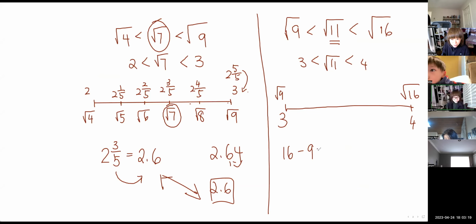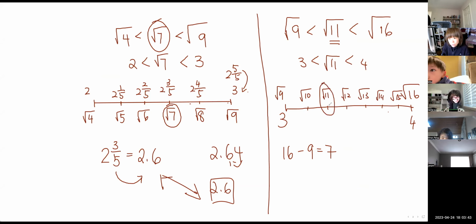16 minus 9 equals 7 parts. So 1, 2, 3, 4, 5, 6, 7 parts. So this one is square root 10, square root 11, square root 12, square root 13, square root 14, square root 15. Get it, everybody? Okay, so now what's the target? The target is square root 11.